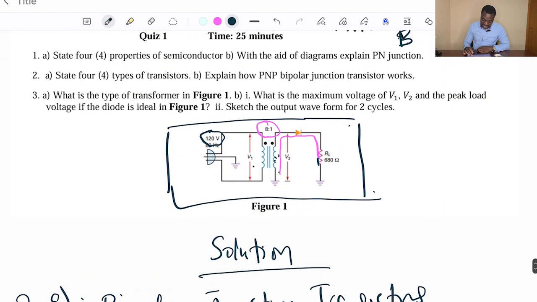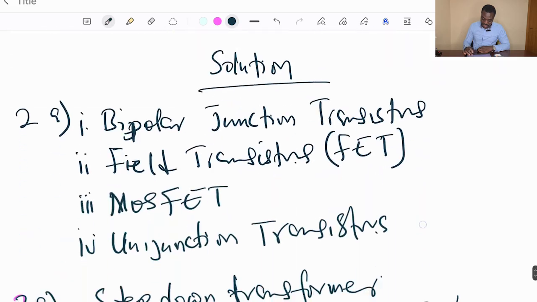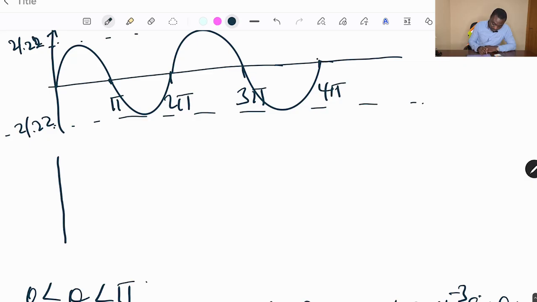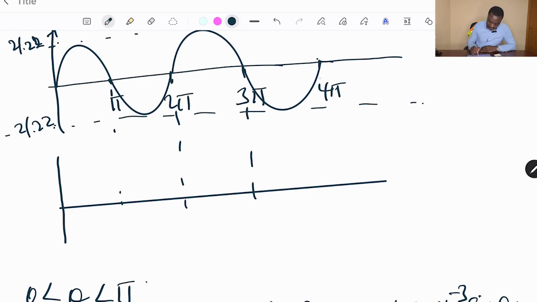Now we have to sketch the output voltage for 2 cycles. So for the output voltage, we have VL, the load voltage in volts, with the range up to 21.22 and down to minus 21.22.